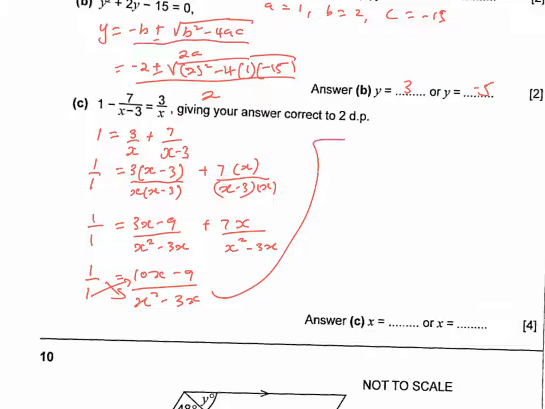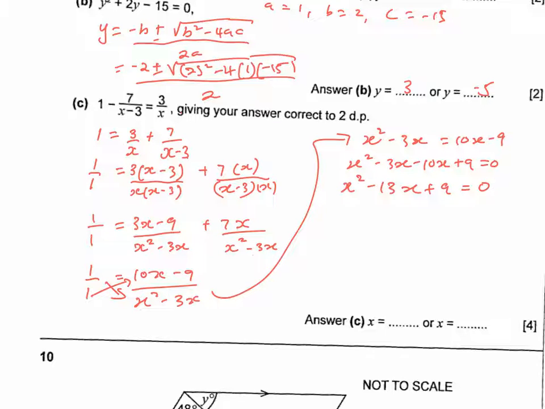Cross multiply. If I cross multiply, times 1 will not change, so this implies that I have x squared minus 3x equals 10x minus 9. Then I have x squared minus 3x minus 10x, I bring everything to one side, plus 9 equals 0, and that will give me x squared minus 13x plus 9 equals 0.